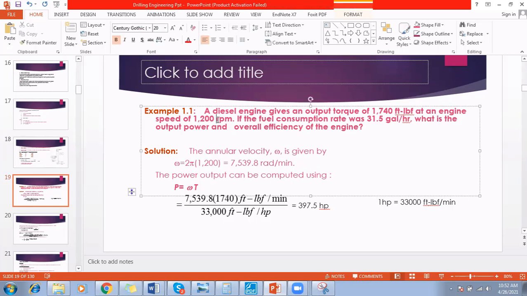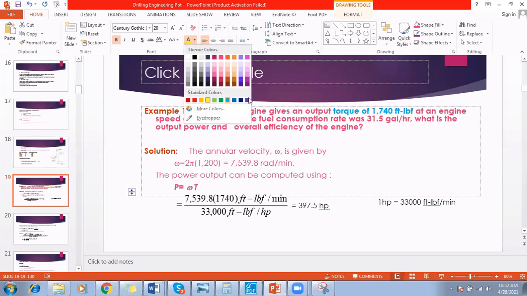Firstly, let's read the statement of this numerical, or the example. A diesel engine gives an output torque. So here you can see that the torque is given.